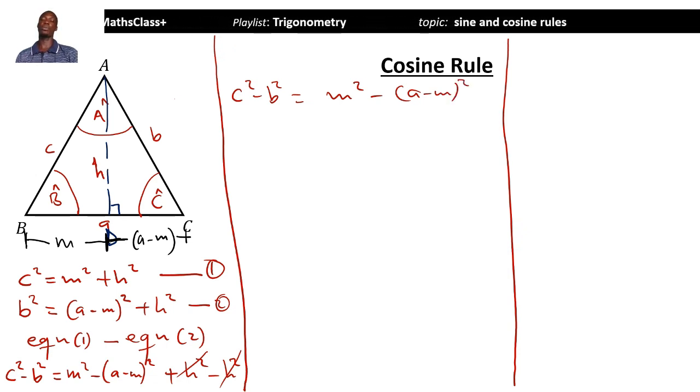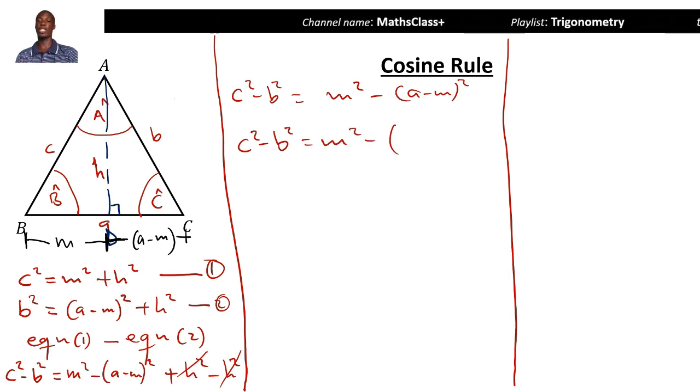Now I will expand the binomial in the brackets. When I do the expansion, I'll get A squared minus 2AM plus M squared. I will also open the brackets.